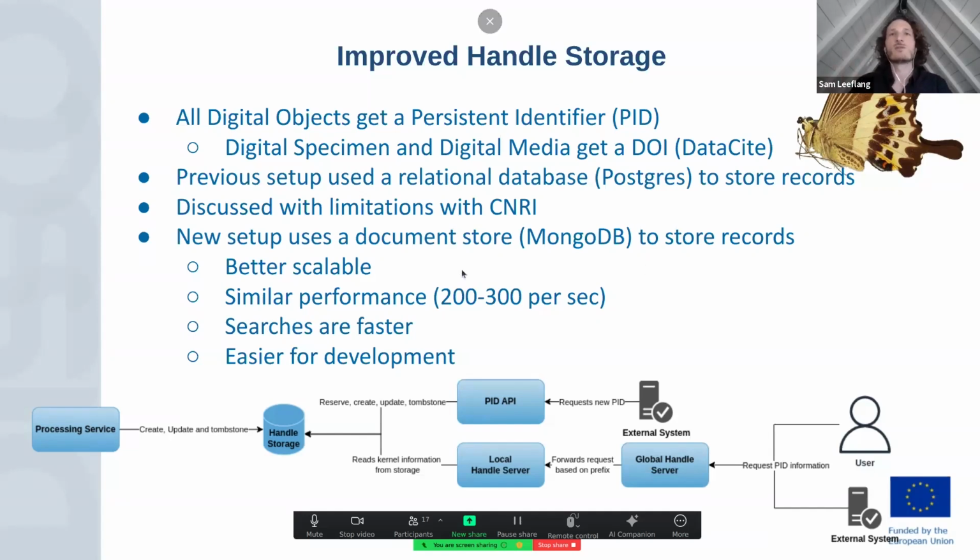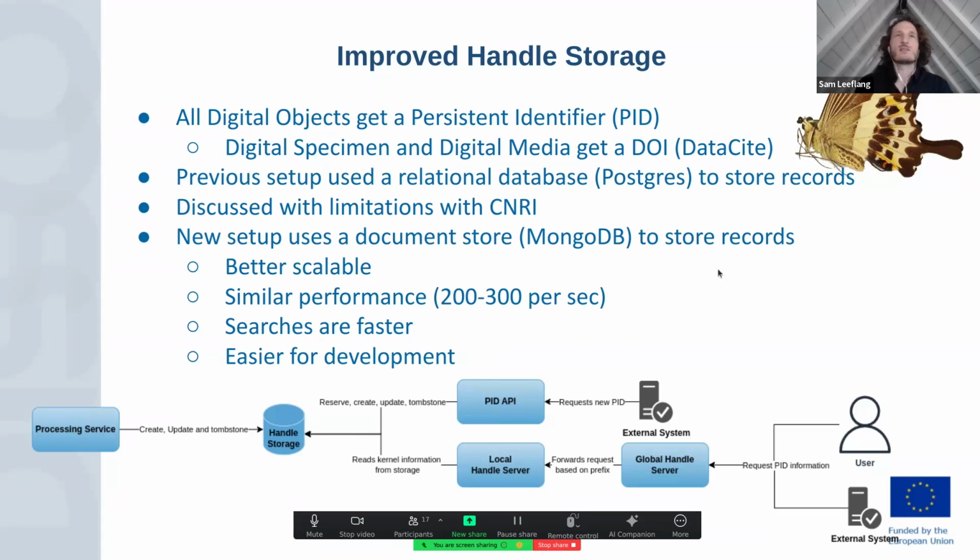I think for the handles, local handle server, this is one of those steps that the whole broader infrastructure needs to make to support a larger quantity of handle creations. So it's better scalable. We still have similar performance, so we're quite happy with it. But the searches will be faster, and it's easier for development as well.